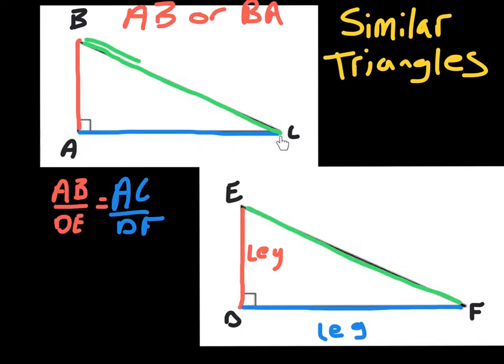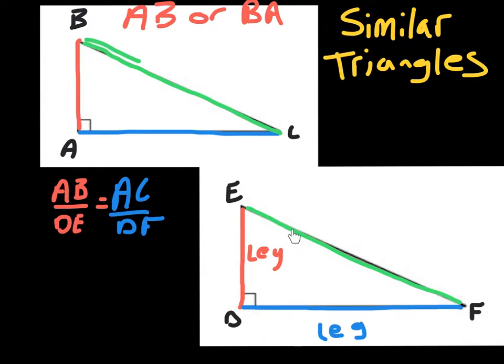It has a corresponding side in the second triangle. That's DF. And then last, we have the hypotenuse, BC, and its corresponding side is going to be EF in our second triangle. So corresponding sides are simply sides in two triangles that are in the same location.